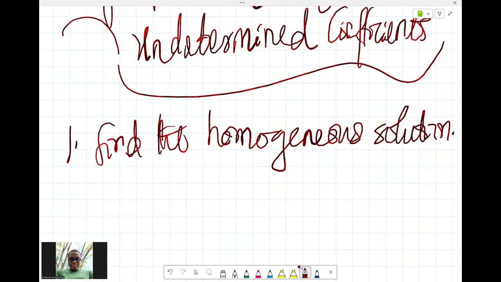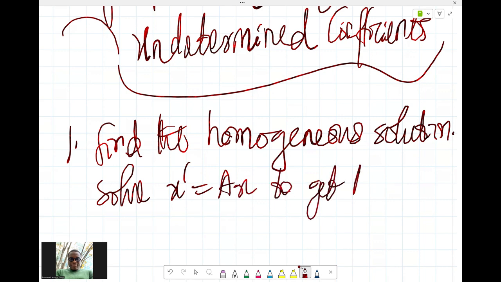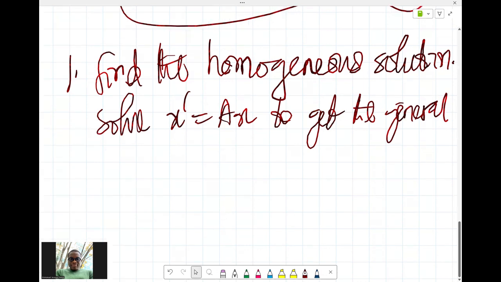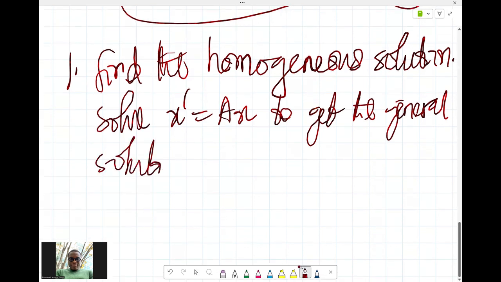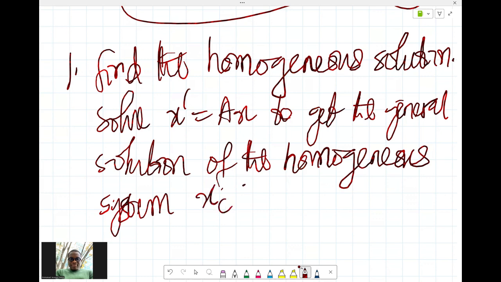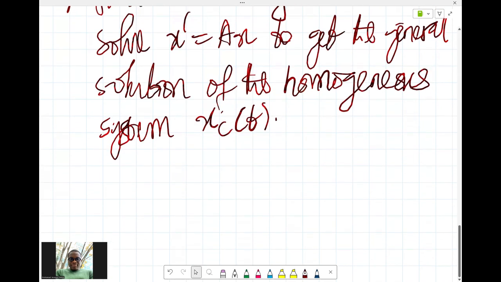Here, you solve x prime equals Ax, the homogeneous part without the forcing term. Solve this to get the general solution. One way of solving this is to find eigenvalues and so on. The general solution of the homogeneous system, you can call xc of t, the complementary function.